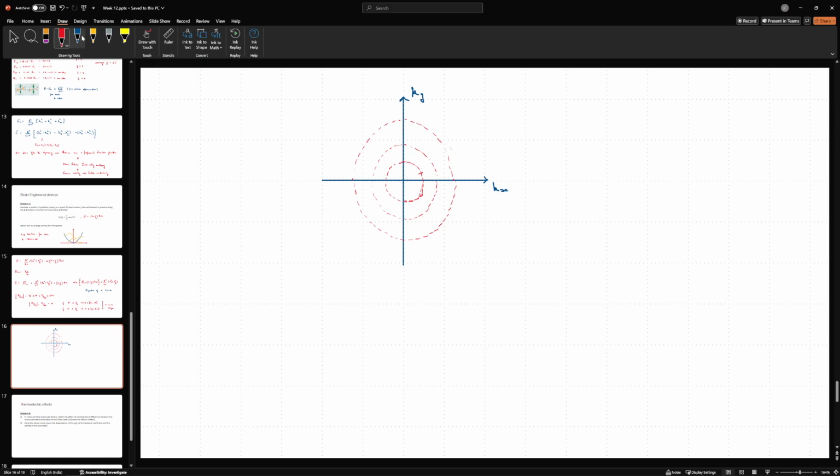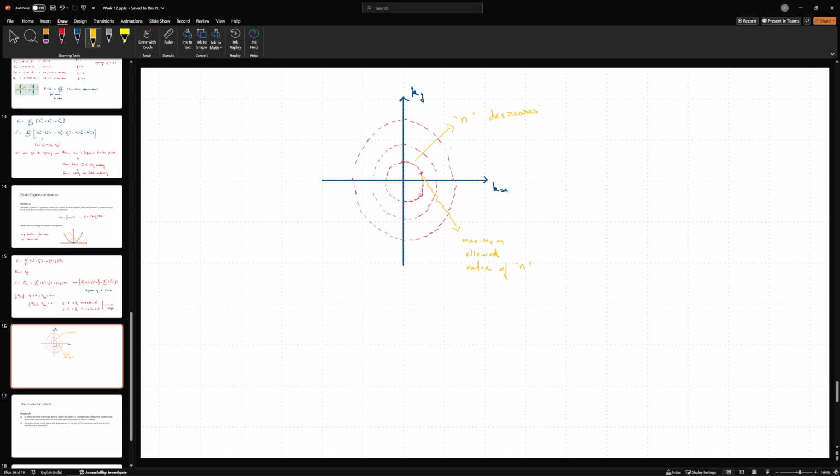For this circle I will have the maximum allowed value of n, and as I'm going in this direction, n decreases. So these are my isoenergy contours.